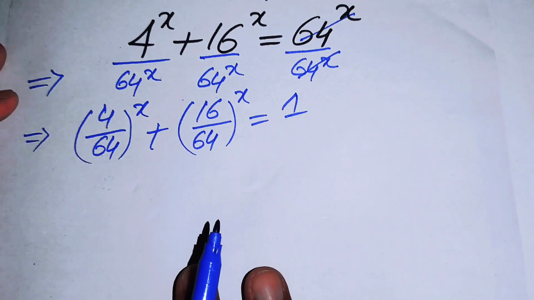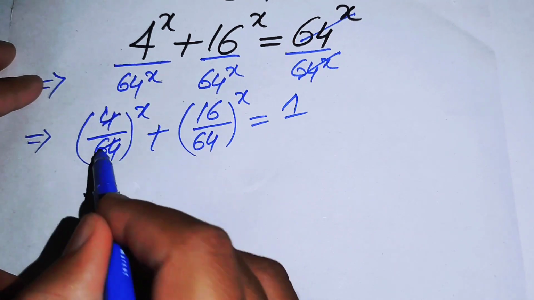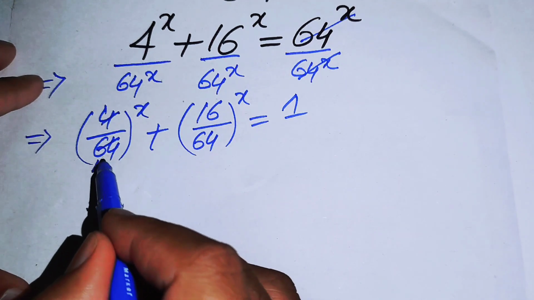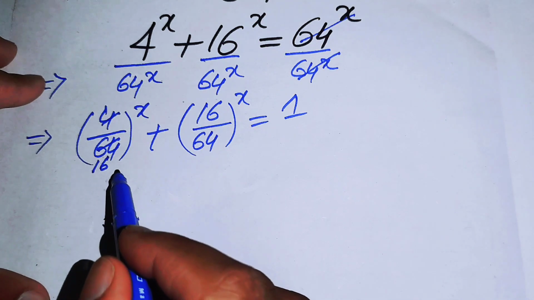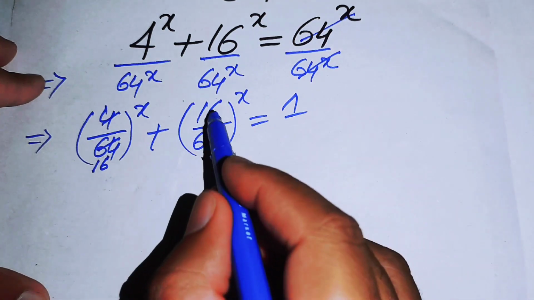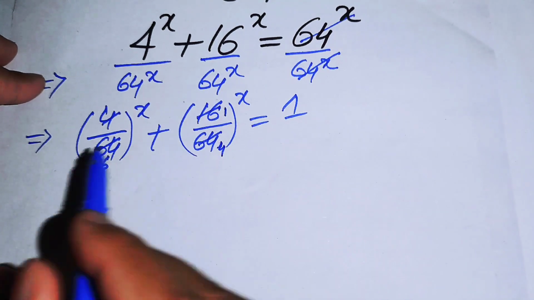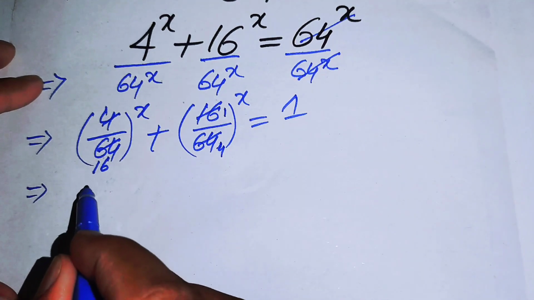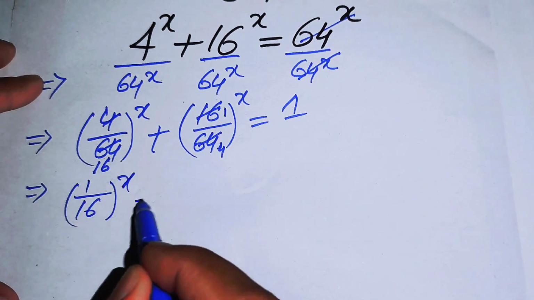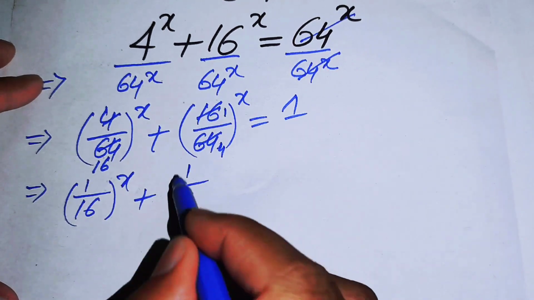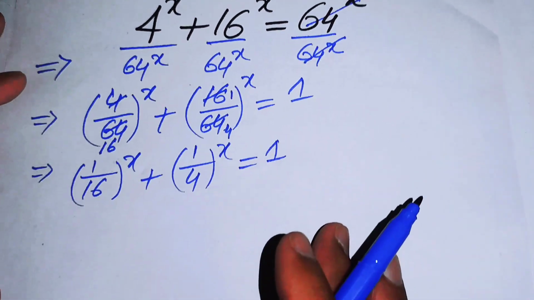After we cancel out the terms, we get 1 over 16 to the power of x plus 1 over 4 to the power of x is equal to 1.